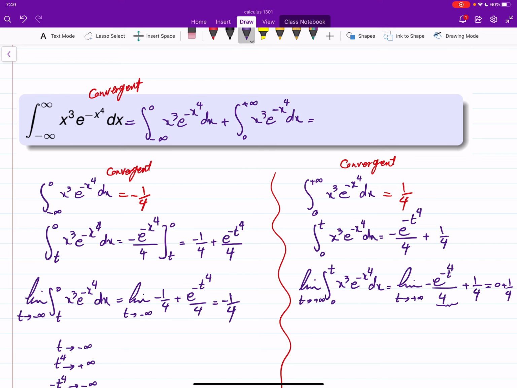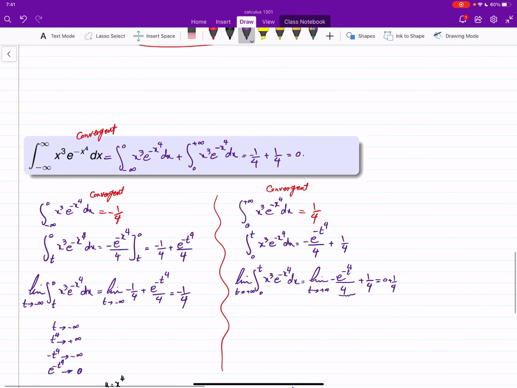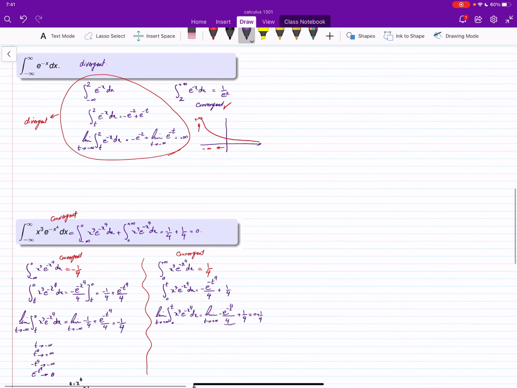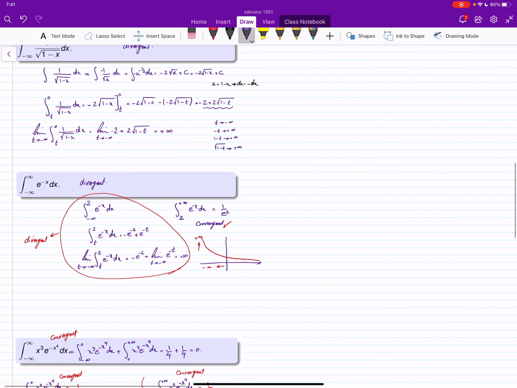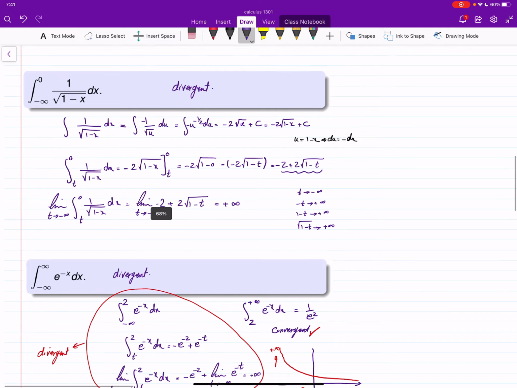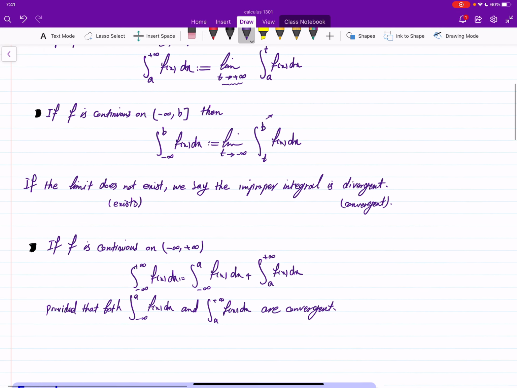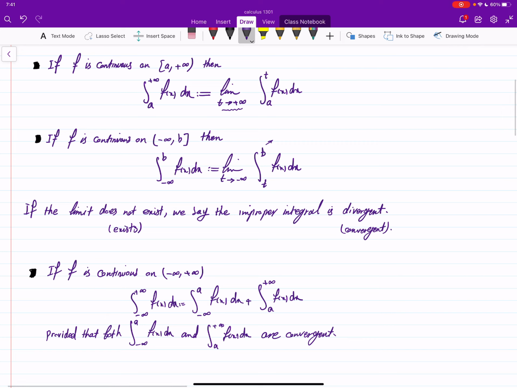The value here is going to be negative 1 over 4 for the first one plus 1 over 4 for the second one. They will add up to 0. Yes, so that is convergent. The value is 0 as well. Okay, so these were the definitions of improper integrals, and then we were able to evaluate some of these guys, some examples for this guy.